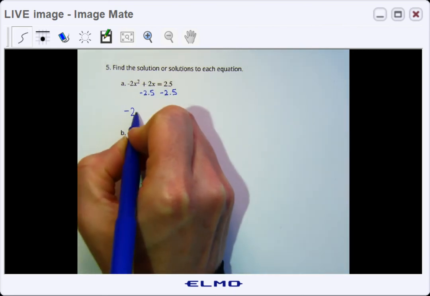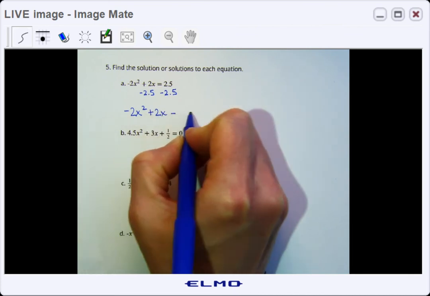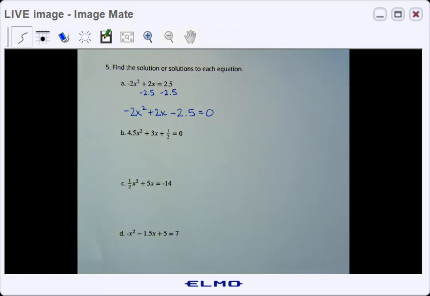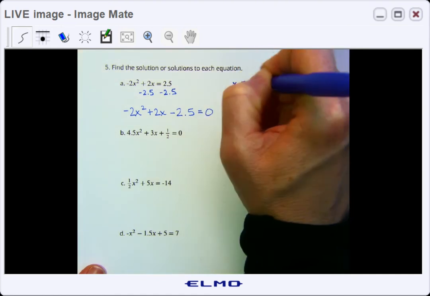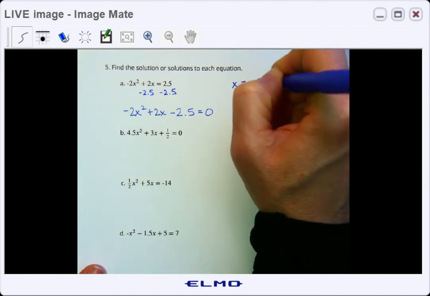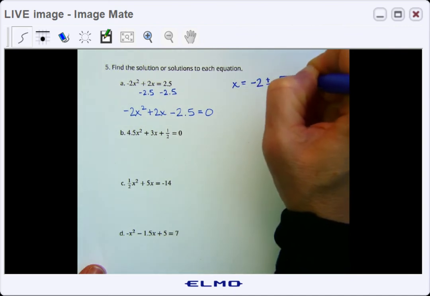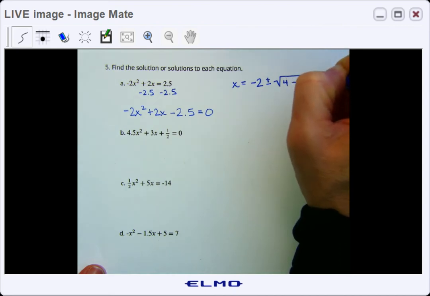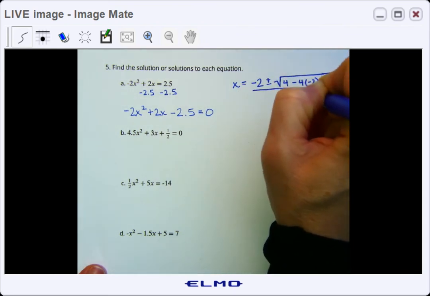So negative 2x squared plus 2x minus 2.5 equals 0. Then the formula: x equals negative b plus or minus the square root of b squared minus 4ac, over 2a.